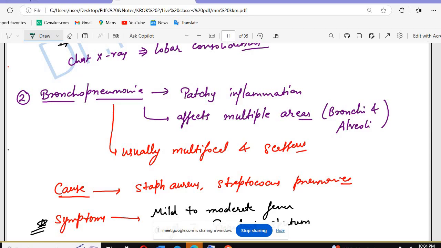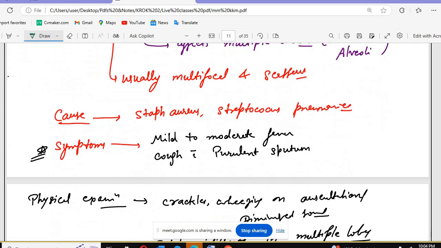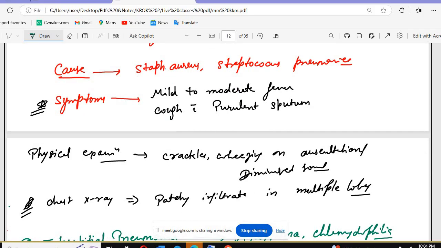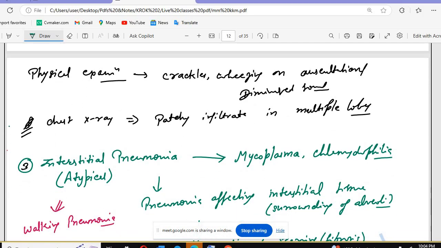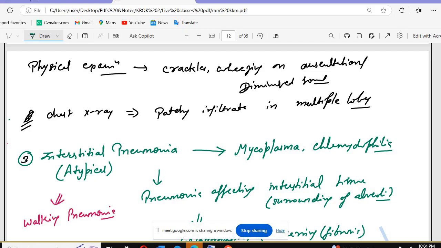It is like taking some paint and putting it on the wall, so everything looks patchy in color. It is usually multifocal because it involves different lobes, upper lobe and lower lobes, and the bronchi, so it is scattered in different locations. The causes are Staph aureus and Streptococcus pneumoniae. Symptoms are mild to moderate, cough with purulent sputum. Physical examination is the same. Chest X-ray shows patchy infiltrates in multiple lobes.